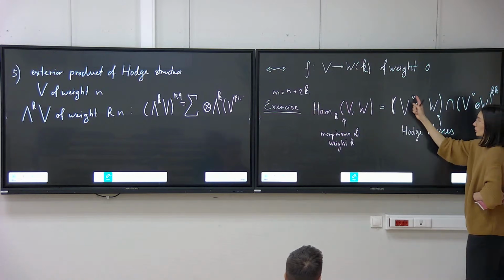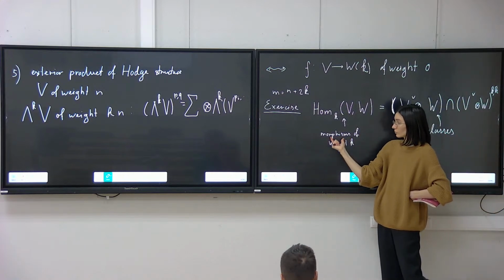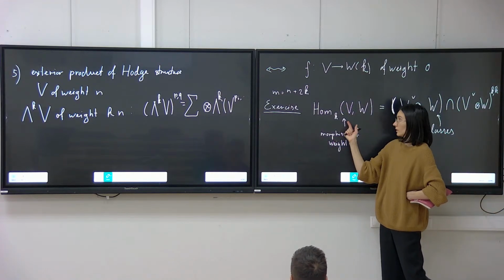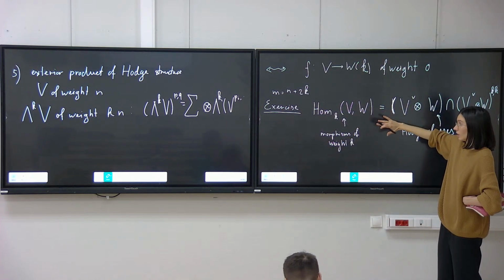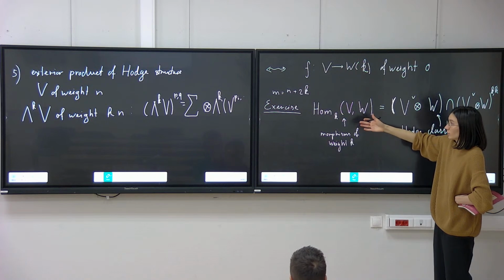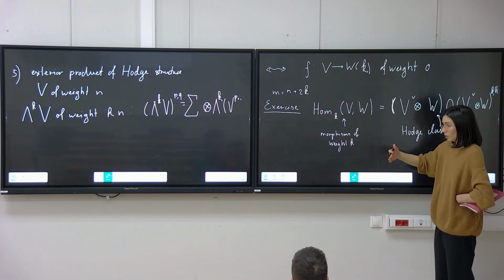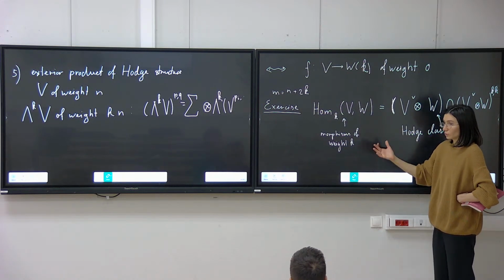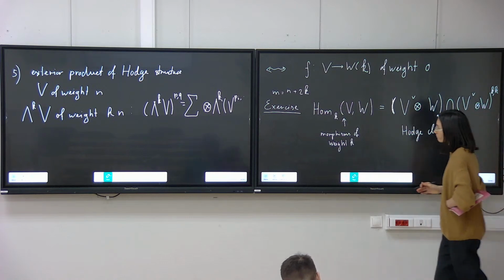And what I claim is that Hodge classes in this Hodge structure give you a morphism of weight k, and vice versa. So this is an isomorphism. This exercise immediately follows from definitions, but you need to read definitions carefully to get more comfortable with them.